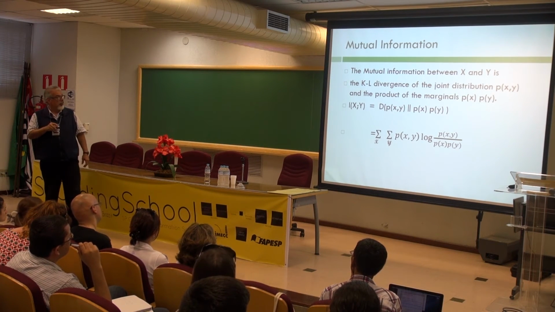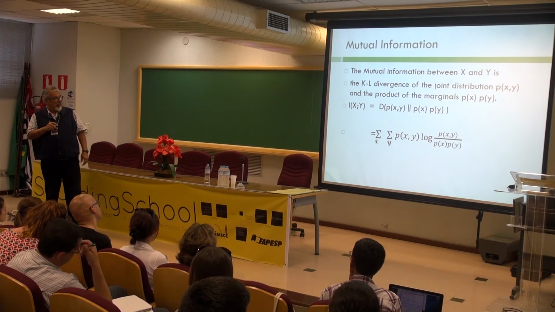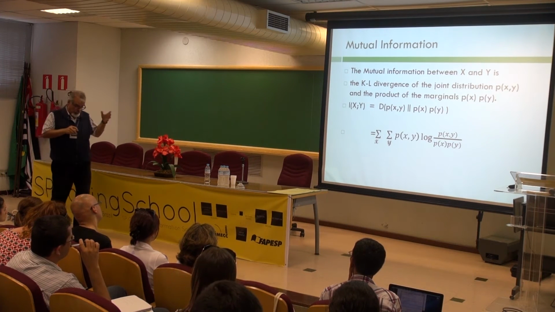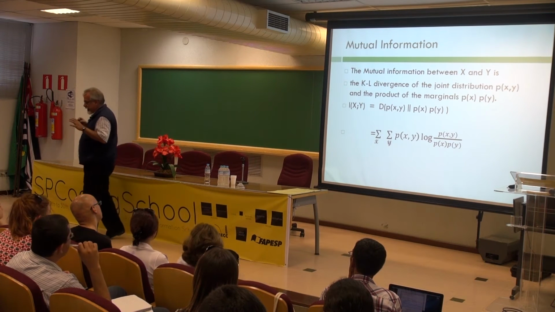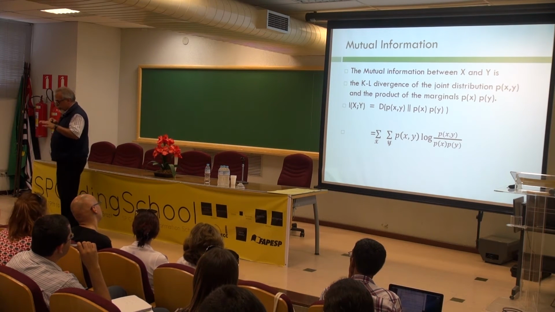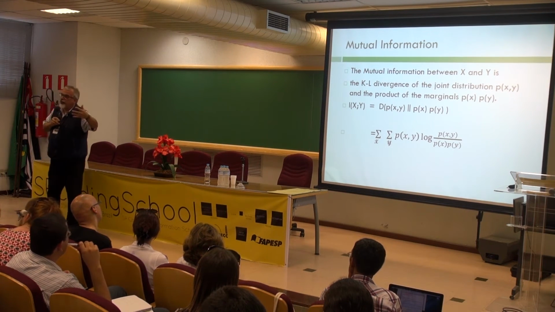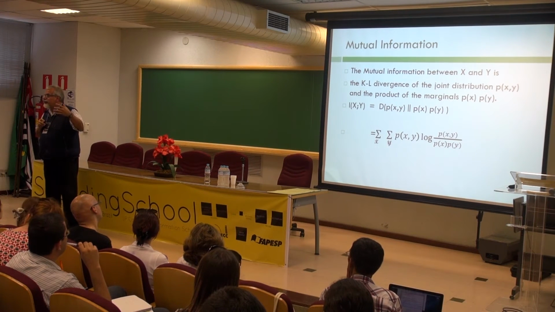Okay, so it's very simple. Notice that the order is, here's the joint, and here is the product of the marginals. In other words, we are assuming as the null hypothesis that the distribution is really from the joint. But I'm testing the hypothesis. Maybe it's from the product, or maybe it's independent.